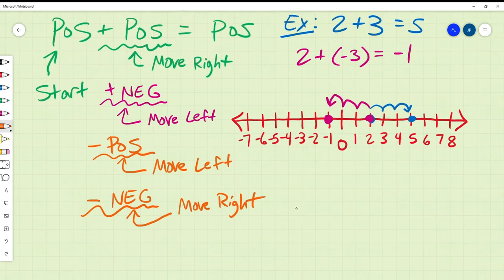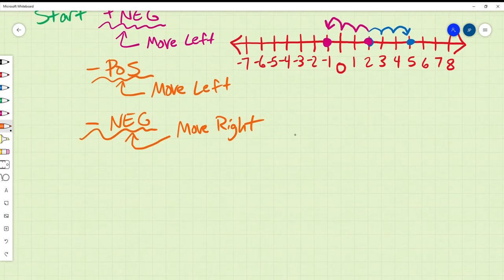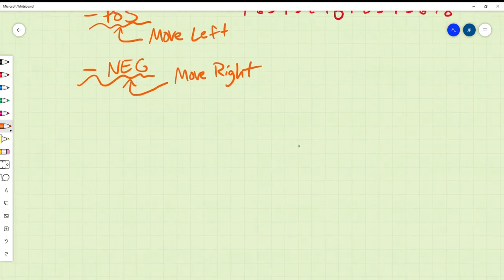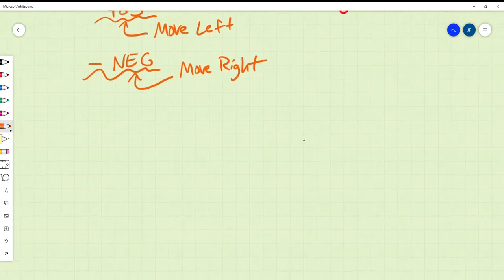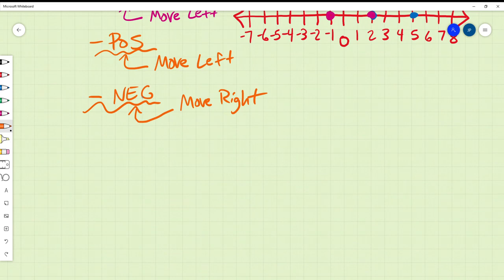So let's look at a few more examples of that. I made a note here in orange on subtraction. Subtraction is just the opposite of addition.